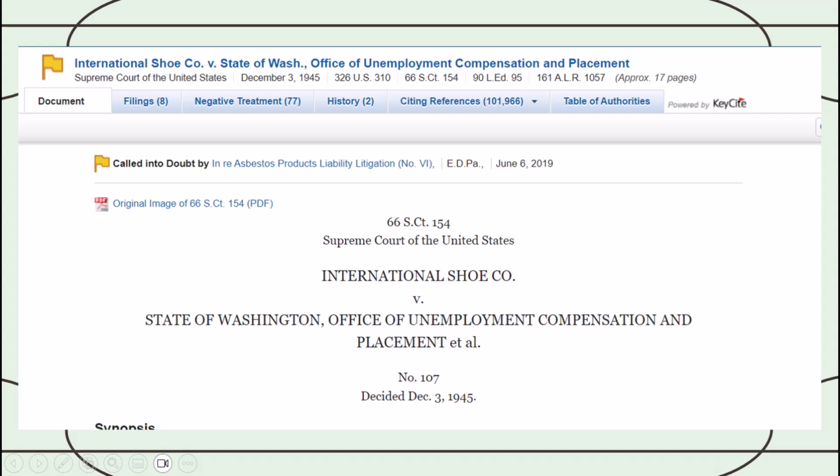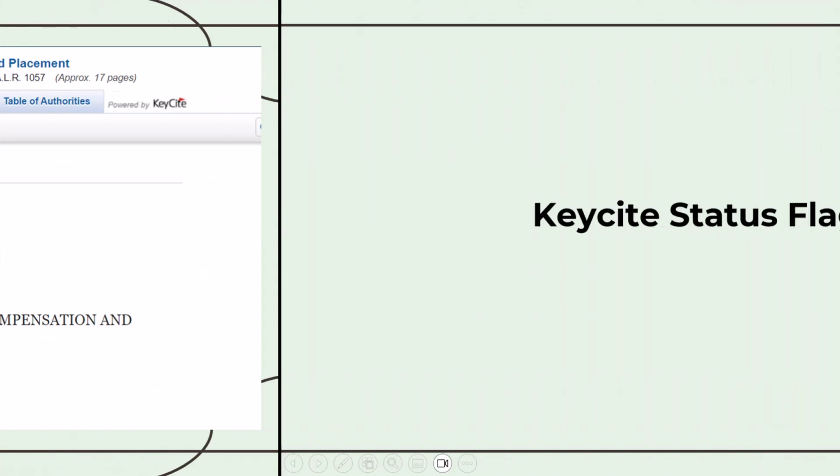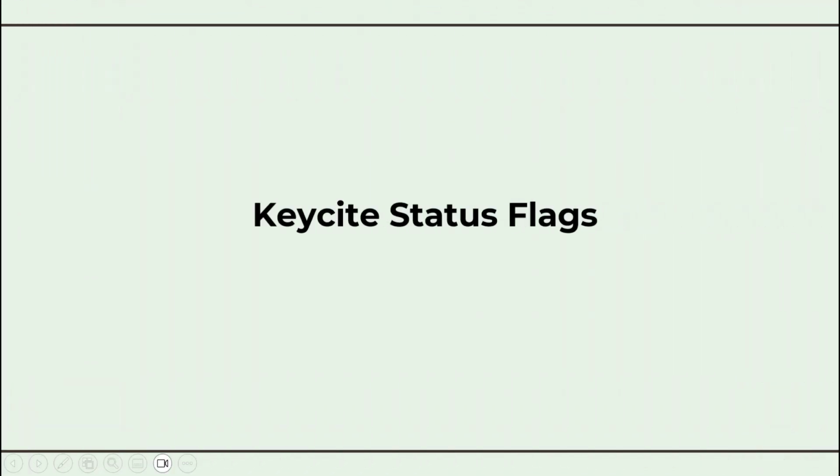This case was a case I studied and studied hard in my civil procedure class my very first year of law school in 1977, and apparently something has happened to it. Let's find out what. But first, let's talk about those flags.